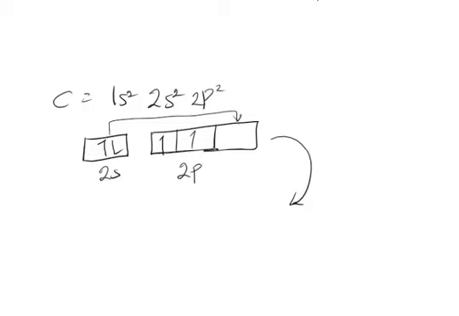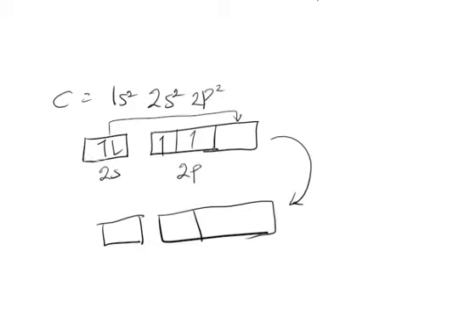So ultimately we'll have this, where I have the 2s orbital and I have the 2p orbital. So notice that the remaining one electron here migrated from here to fill up this empty p orbital. So this is a process of excitation.